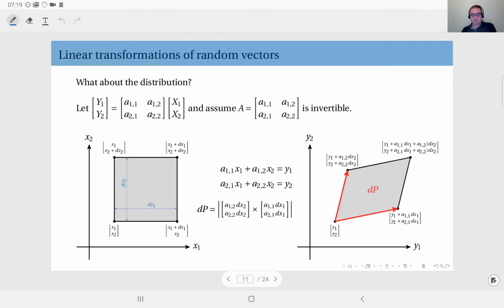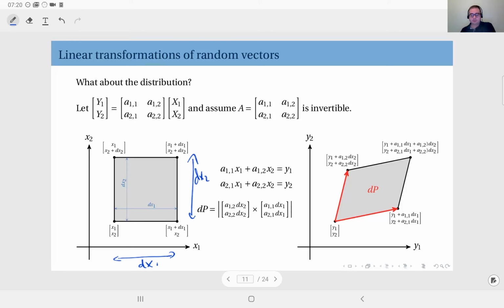This here is dx1, and this distance here is dx2, and therefore the area is dx1 dx2, and we will look at the probability that the random vector x lies in this infinitesimal area.